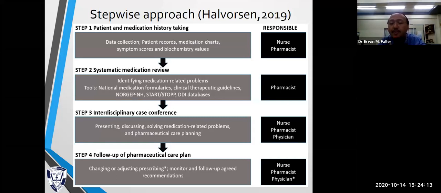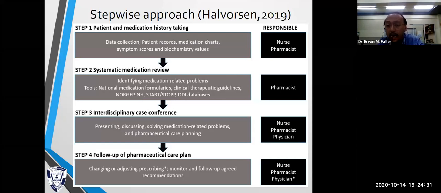After you've collected all the data of your patient and you have clarified in yourself that these are really good data, then you'll be able to have a systematic medication review. And what is the systematic medication review all about? You have the data already.